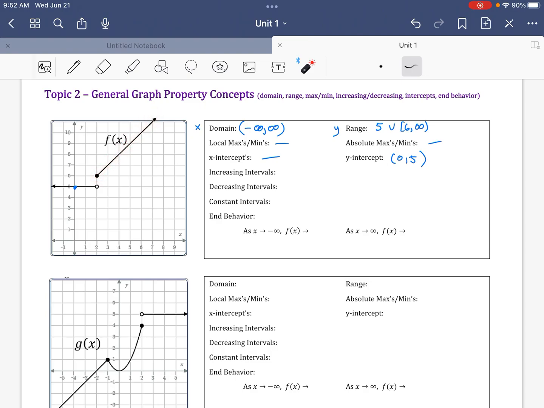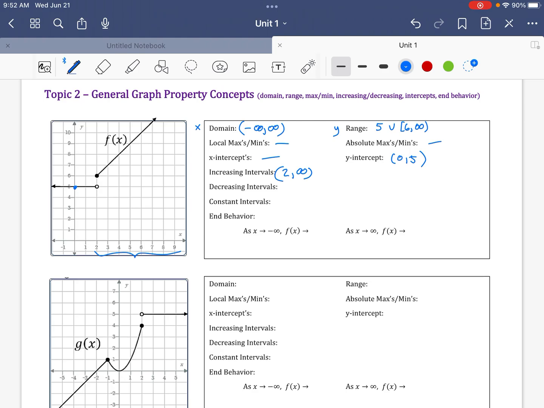So basically using x values, you're saying, hey, from 2 over here to forever is increasing. So when we do increasing and decreasing intervals, we use x values. So basically we're saying from 2 to infinity. And you always use parentheses, you never use brackets on increasing and decreasing.